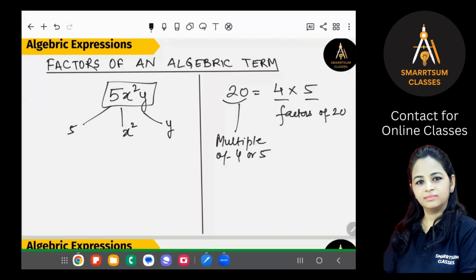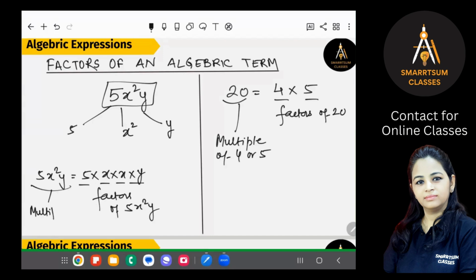We get 5x square y if we multiply them, yes or no? Means 5 into x into x into y. Right? So each one of them is a factor of 5x square y, whereas 5x square y is called a multiple of these factors.